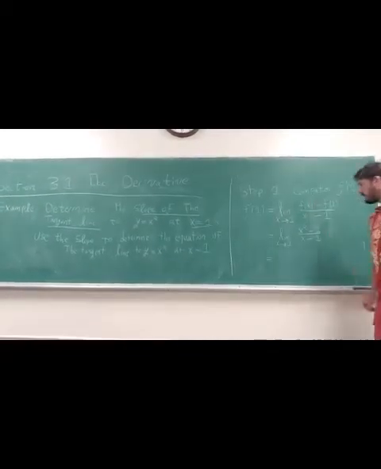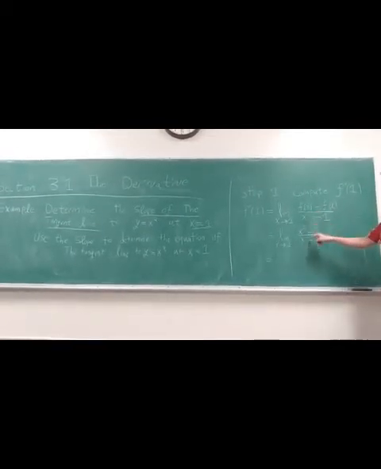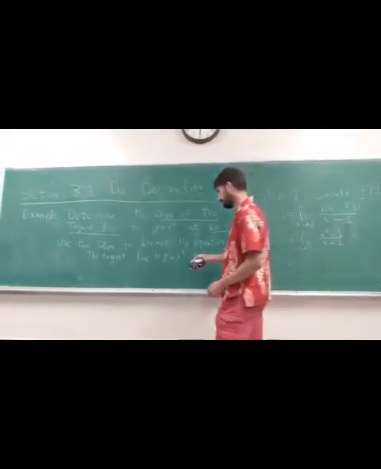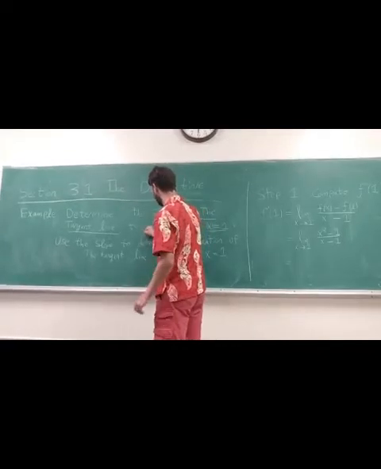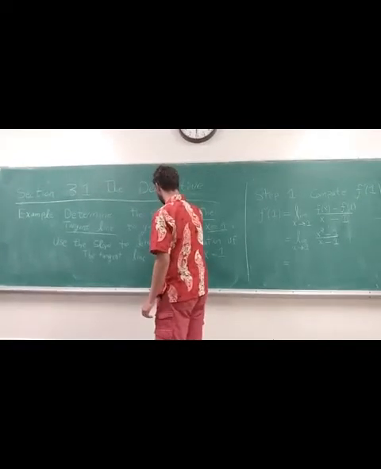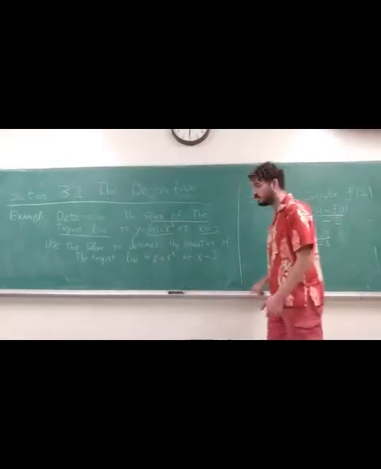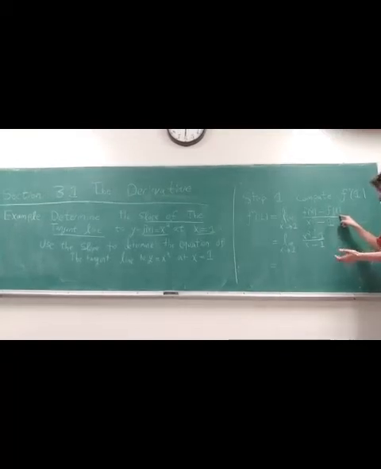This is equivalent to the limit as x approaches 1 of x squared. Remember, f of x in this case is the function. f of x is equal to x squared. That's what we're using here. So we plug in 1, we get 1 squared, which is 1.